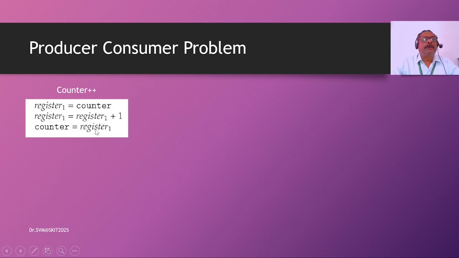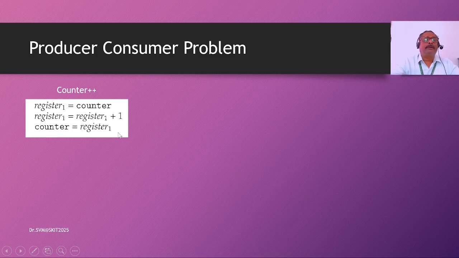So this is what happens when you say counter plus plus. This counter plus plus is a high level instruction, but at the core the value of the counter should get into some register of the processor, and then register value should be incremented, and this register value should be put back onto the counter.